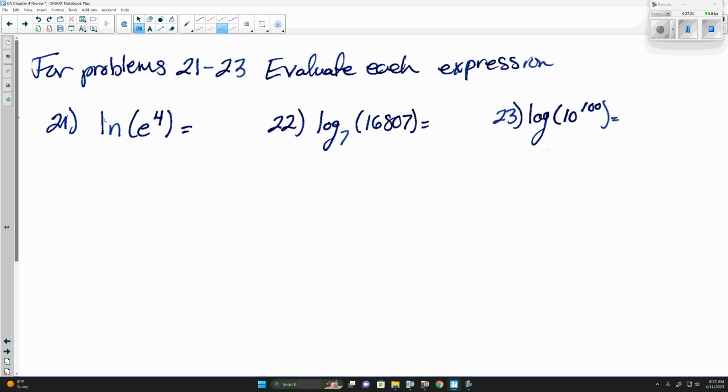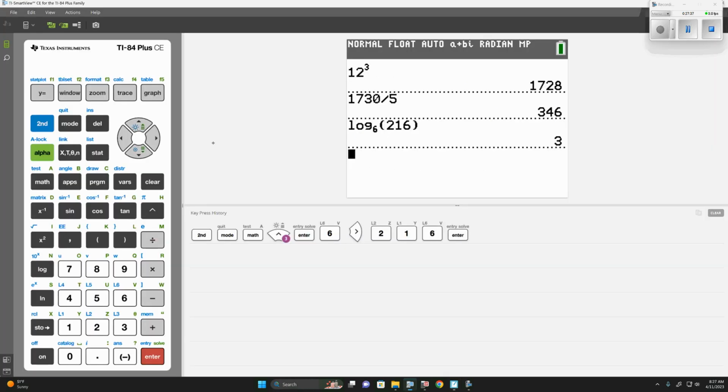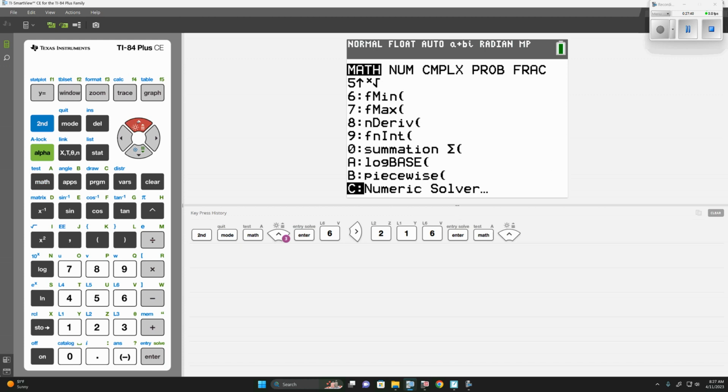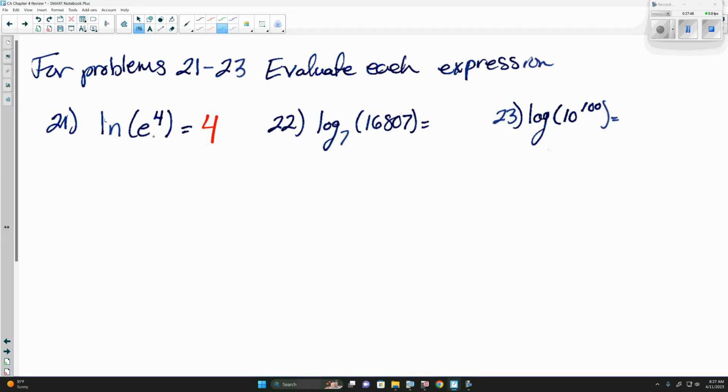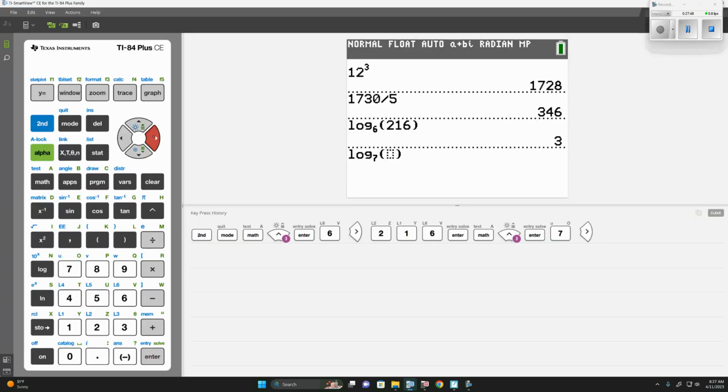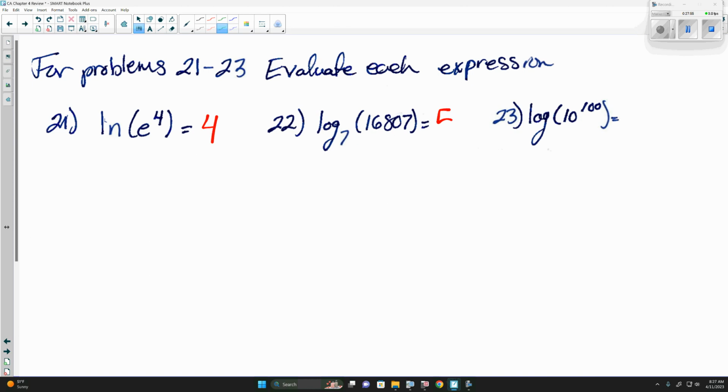Evaluate each expression. Plug them in. If you're not sure, plug them in with most of these here. Most of them should work out nicely because 21 is 4. This here, math, log base 7 of 16,807 is 5.